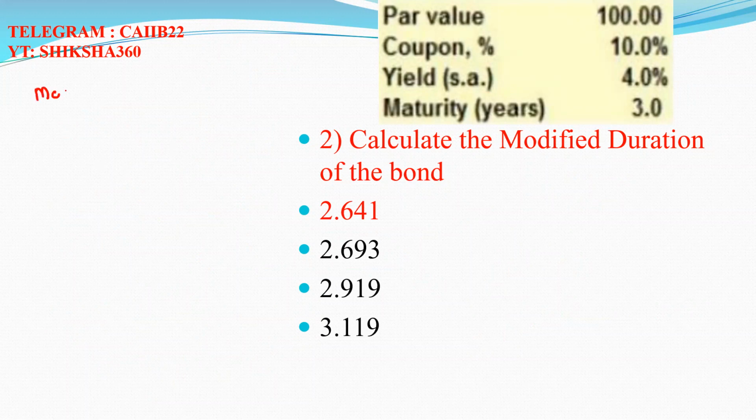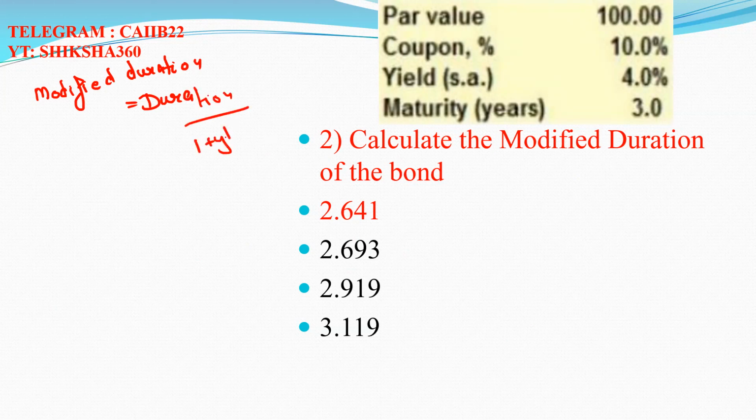Modified duration is equal to duration upon (1 plus YTM divided by N), where N is the number of periods. For annual it is 1, for semi-annual it is 2, for quarterly it is 4. So let's start.